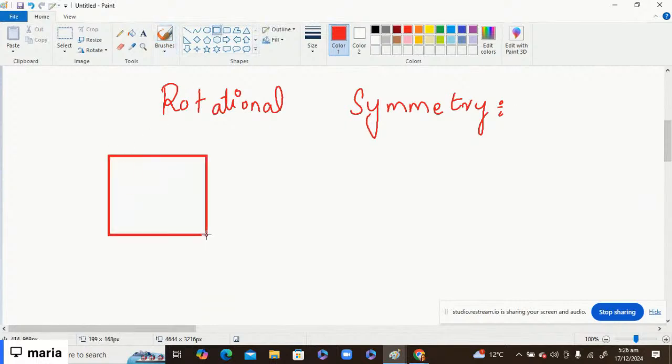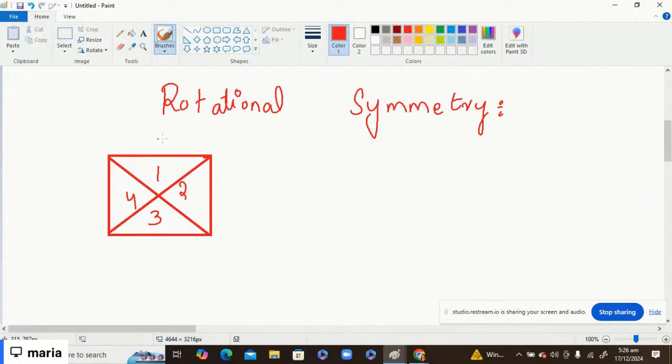For example, here is a square and it should be cut into four equal parts. Look, these parts are all the same, and here it's written 1, 2, 3 and 4. Now how is the rotation possible?